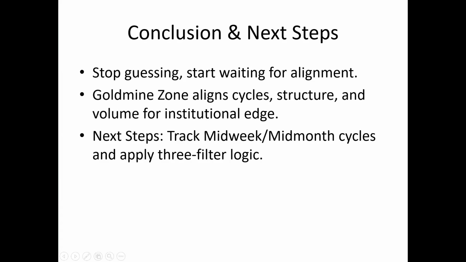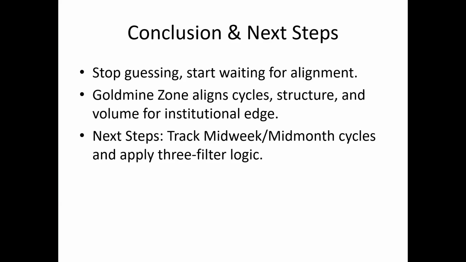So stop guessing, start waiting for alignment. Goldmine zone aligns cycle, structure, and volume for institutional edge. That is what is needed for a retail trader to be profitable. You can make money. Trust me, you can make money. Follow these 3 steps with rules, discipline, patience.